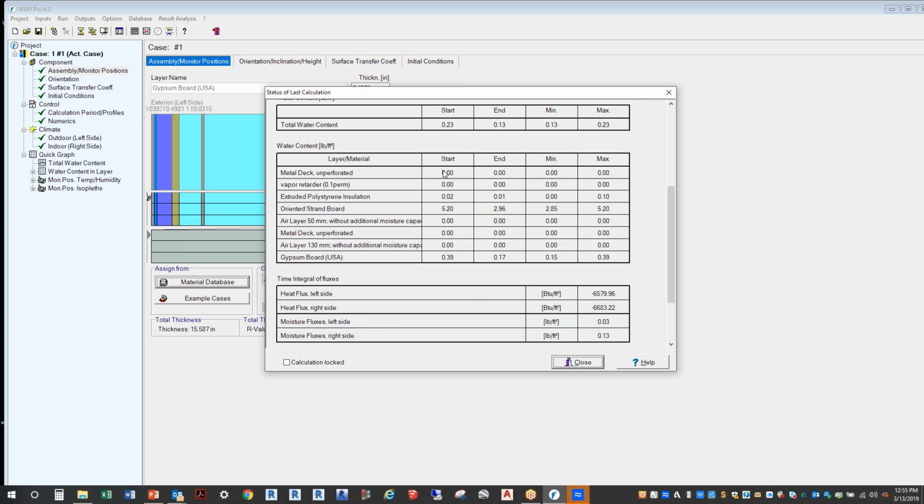For the individual layers, everything looks really good. Nothing went up over time. And virtually no moisture got beyond the oriented strand board.